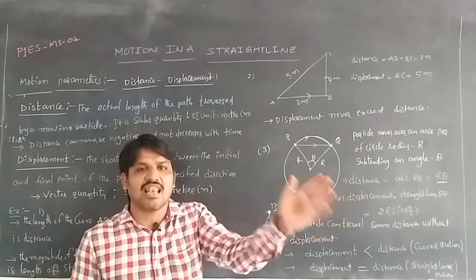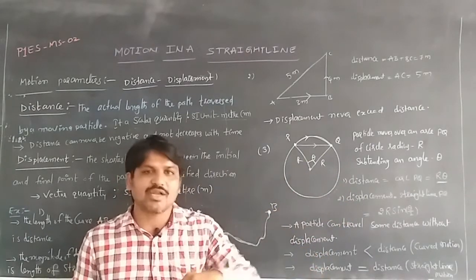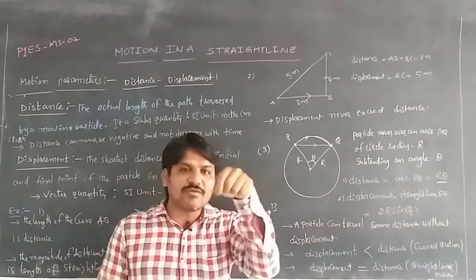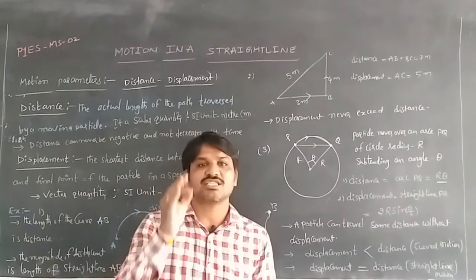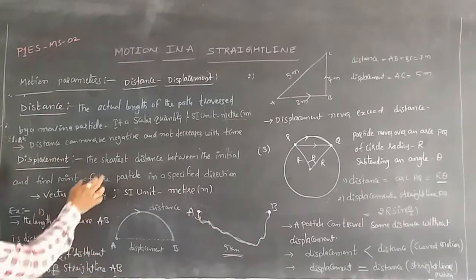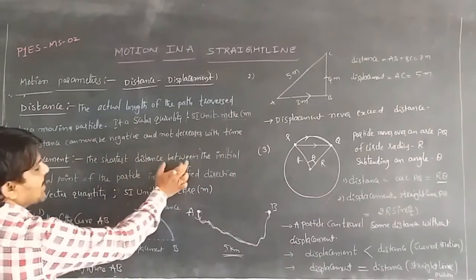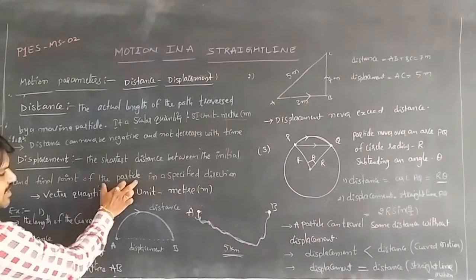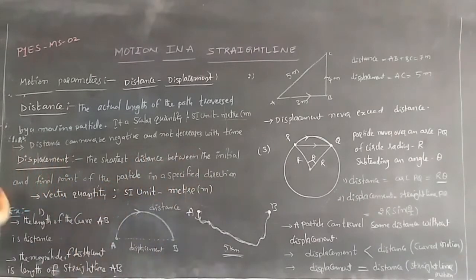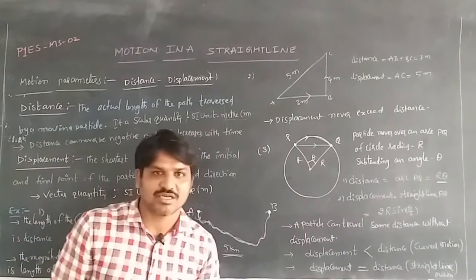If we draw a line from the initial point to the final point, that will be the displacement. Means the length of the shortest path, the shortest distance between the initial and final point of the particle in a specified direction is called displacement.